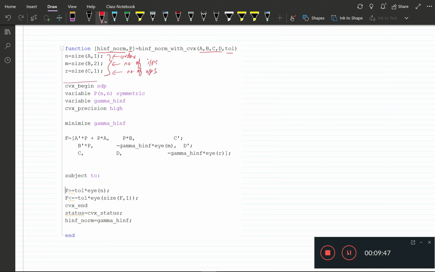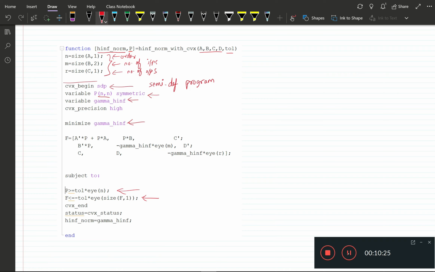We start with the CVX environment. Here we define this as a semi-definite programming problem. Then we define the P as an n by n symmetric matrix. We define another variable called gamma hinf, which we will then minimize subject to two constraints.